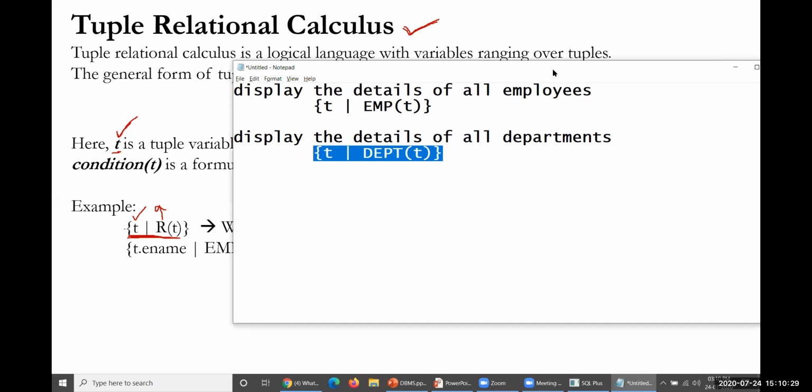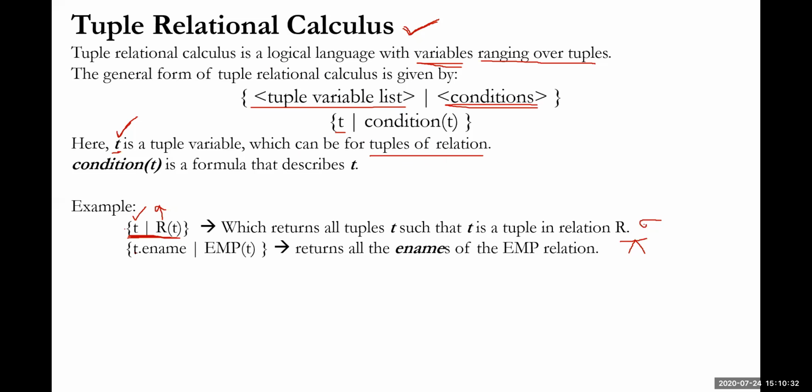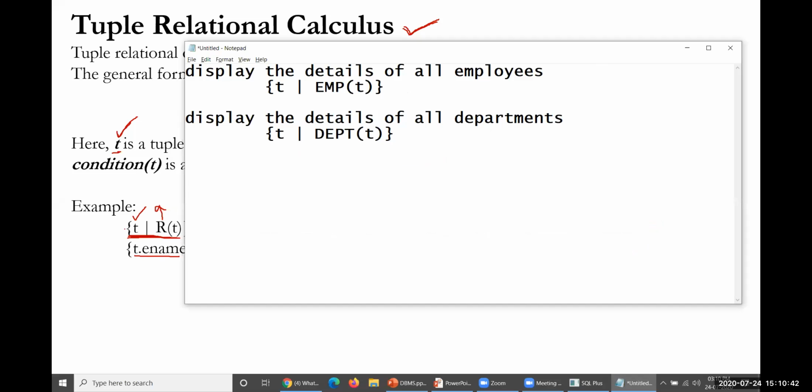For example, here T dot E name such that EMP of T. What does it mean? All employee names of that particular EMP relation. Let us consider, for example, display names and salaries of all employees.